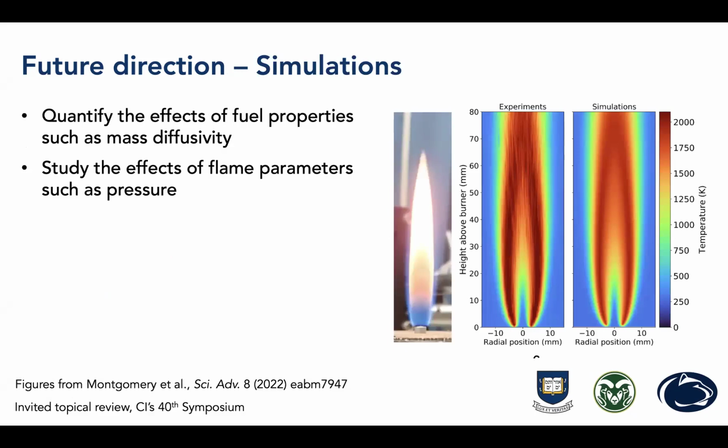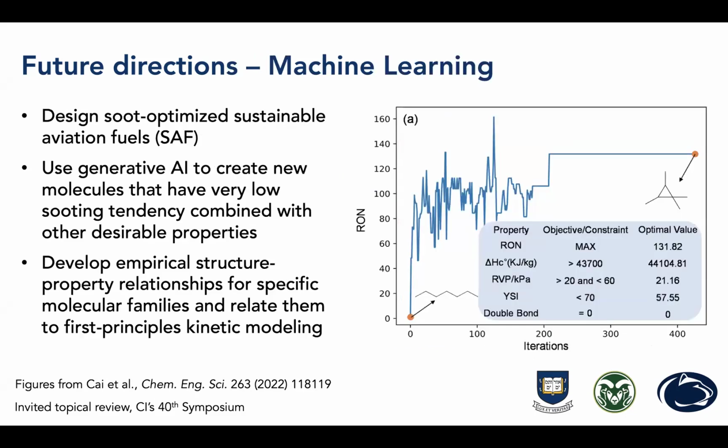For simulations, as we said earlier, you can pretty easily do detailed calculations of the entire flame. Here we can study fuel properties such as mass diffusivity, but also the effect of flame parameters such as pressure, which was shown in an earlier slide. Also, there are many different applications of machine learning. In this example on the right, we start out with this linear compound, and we're trying to optimize the RON parameter.